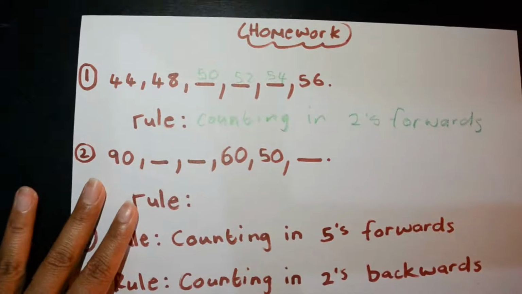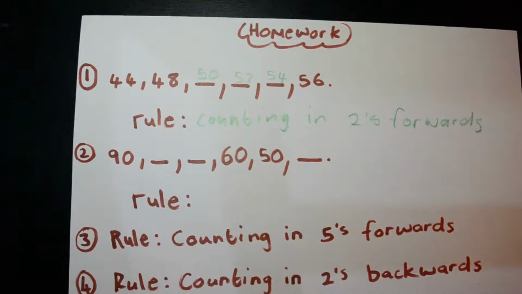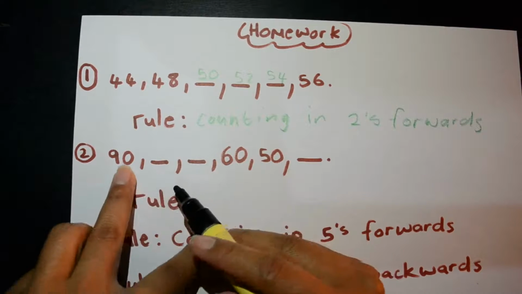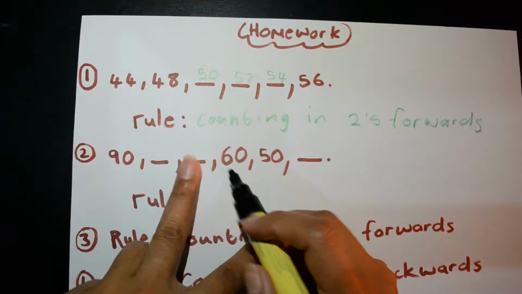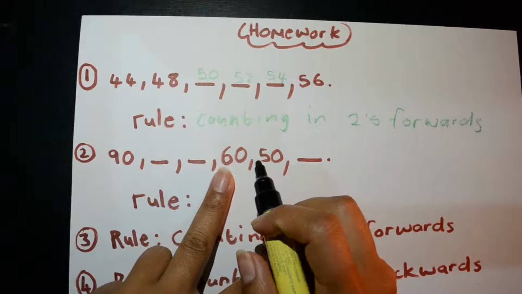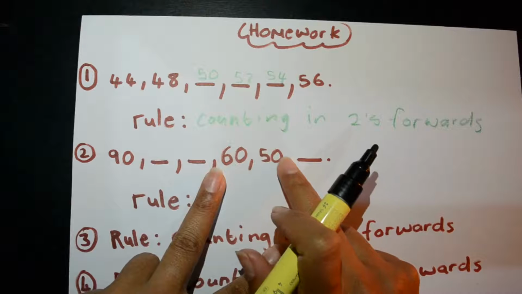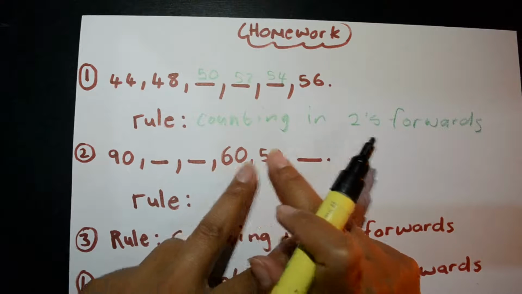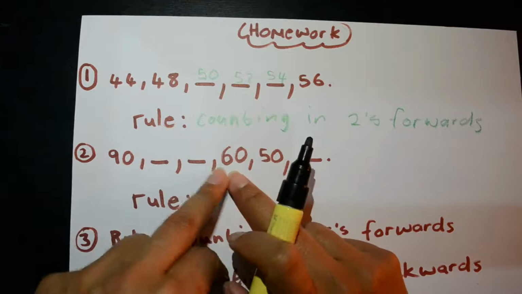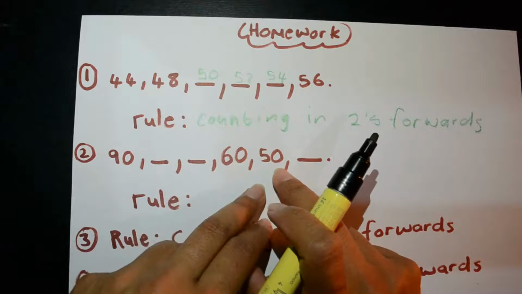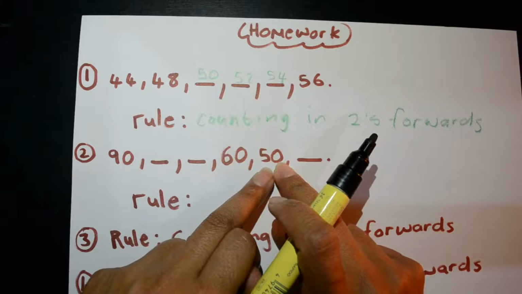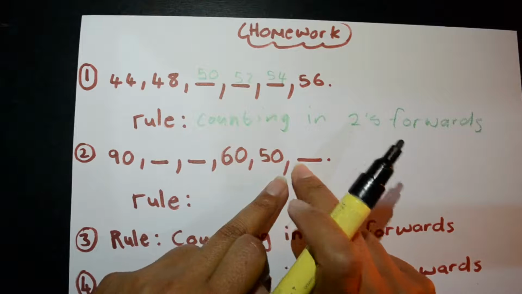Okay, I think I'm just going to use the black rather. And then this one, I took the two numbers next to each other, so the numbers are getting less and less. So it's 60 and then it moves to 50. 60 is more than 50, so 50 is less and the numbers are going to get less.